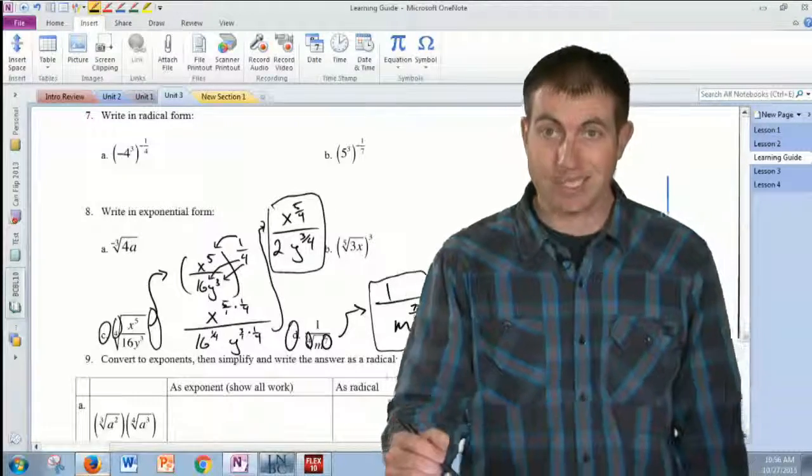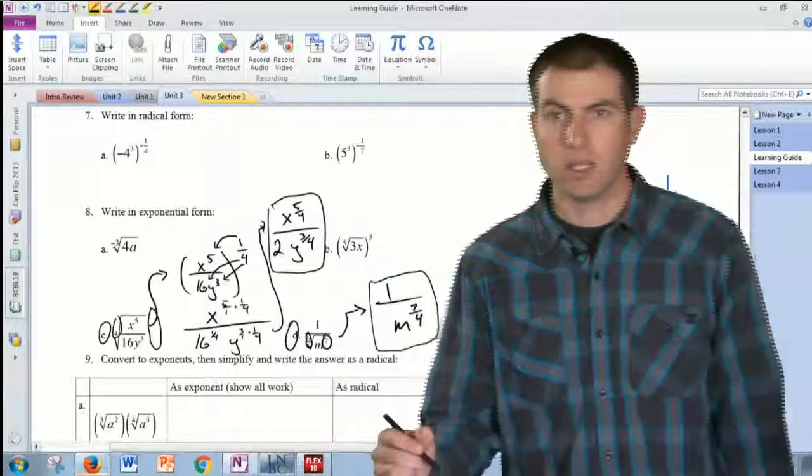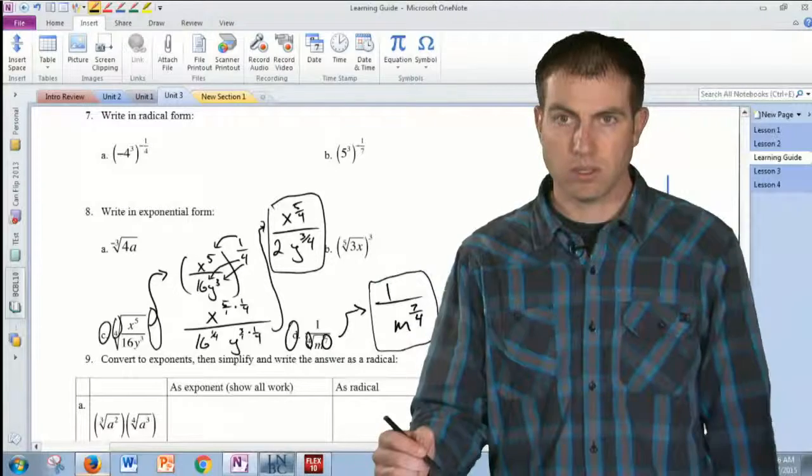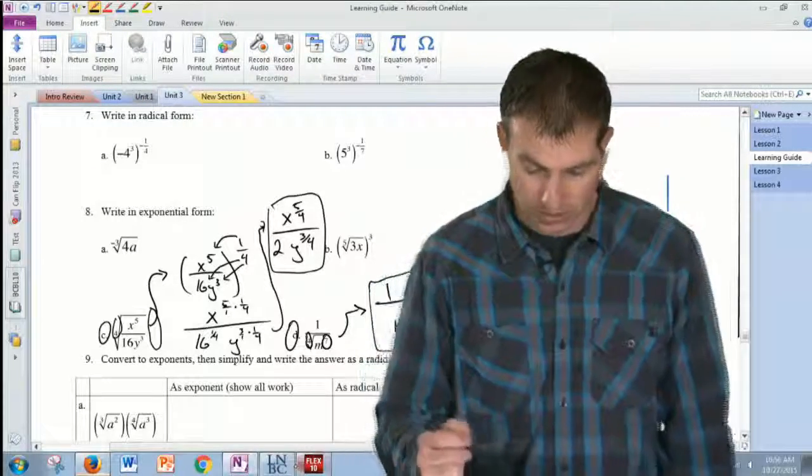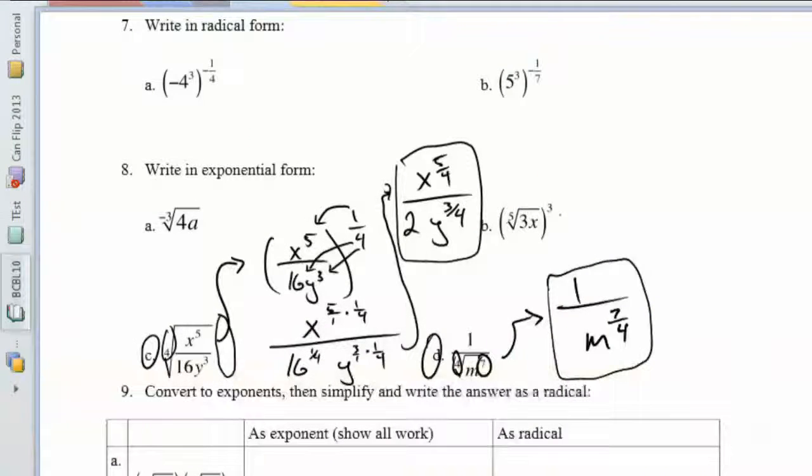So that's 8D. Page 6, negative exponents, 2C, and I can do B as well. All right, so here's B. I have this 3x, that's my base. And my exponent is the 3, so I know that that's going to go on the top, and whatever's out front is going to go on the bottom of my exponent here.